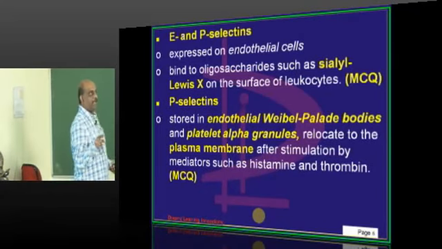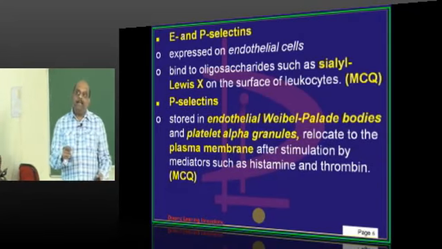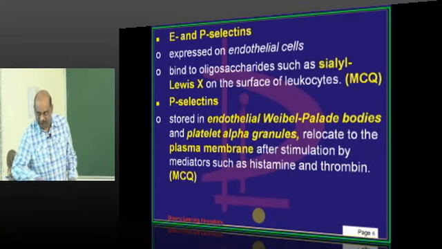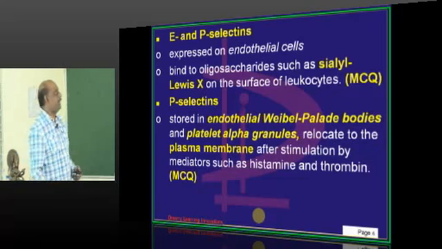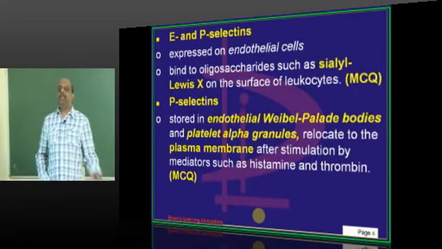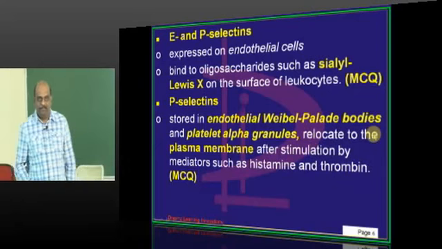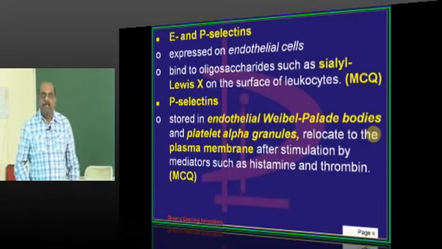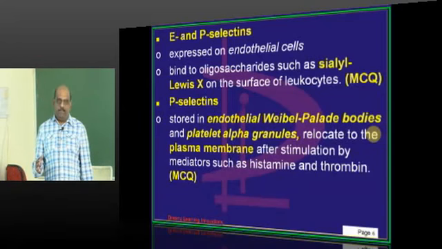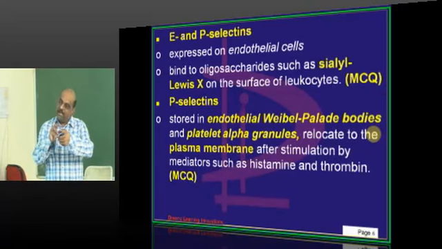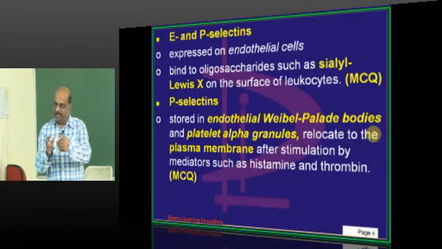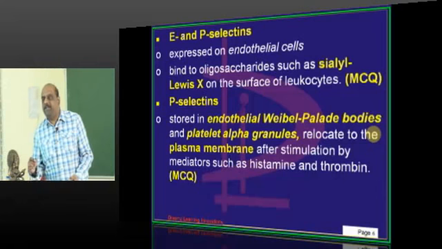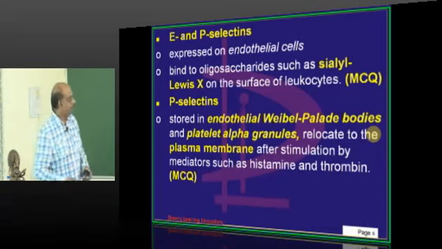E and P selectins are expressed by the endothelium, and they enable the leukocytes to bind to the vascular endothelium. Ultimate idea is the leukocyte is passing in the blood. The selectin on the vascular endothelium or the selectin on the leukocyte, whichever way, will make it stop and bind with the vascular endothelium, which is the first event in acute inflammation.